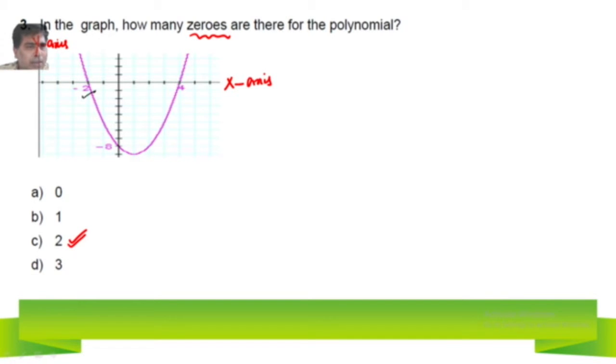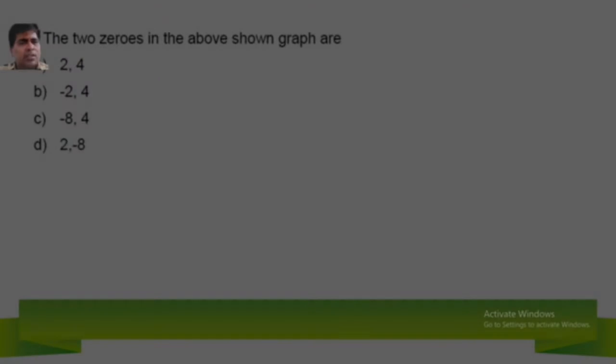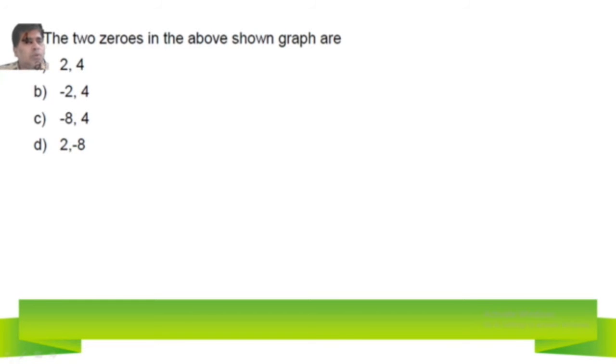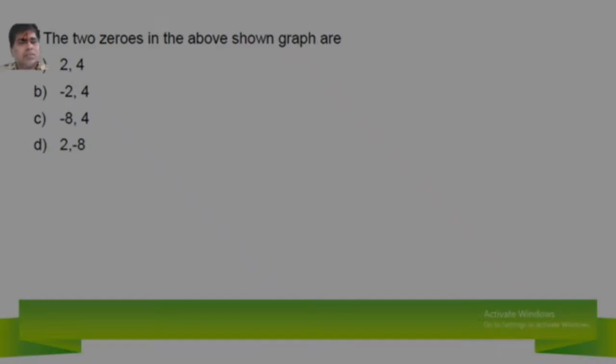The graph intersects the x-axis at -2 and 4. So the 2 zeros are -2 and 4, and -2 and 4 is the right option. So your option is B. Next, come to the last question.